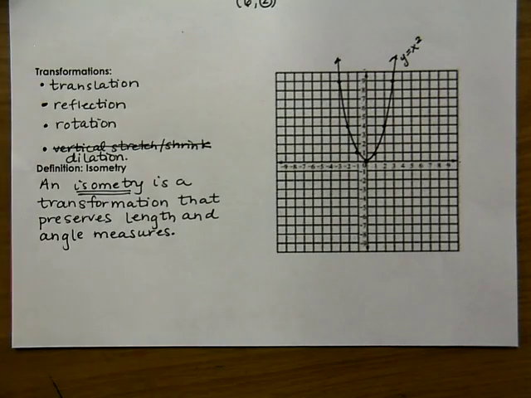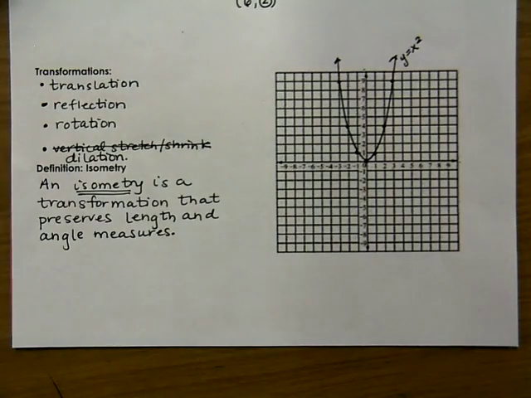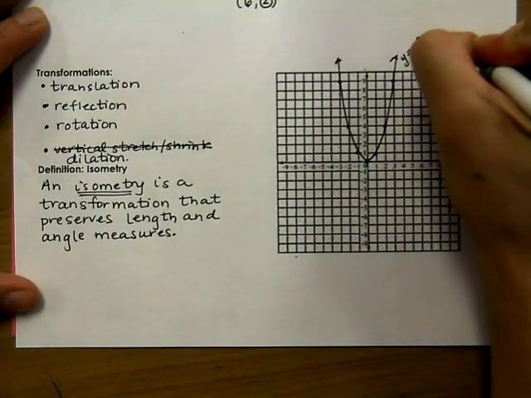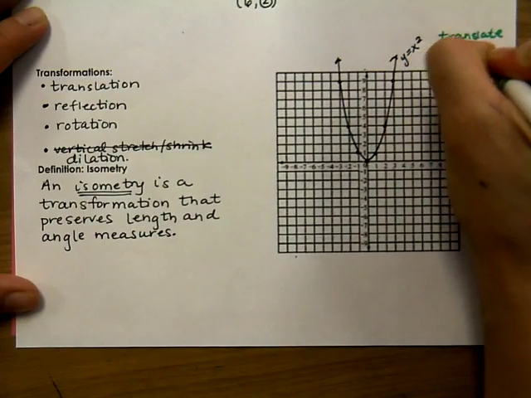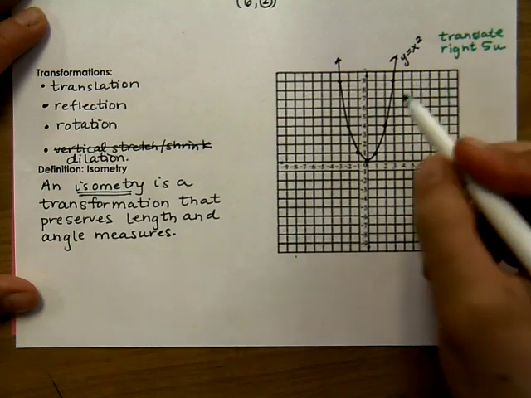So let's go back to this quadratic function here, this parent function. In Algebra 1, again, you talked about translating that. So if I were to translate this right, let's say 5 units. I would take each point and translate it right 5 units.